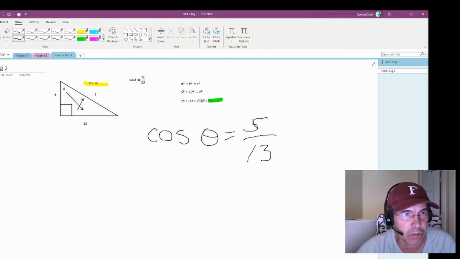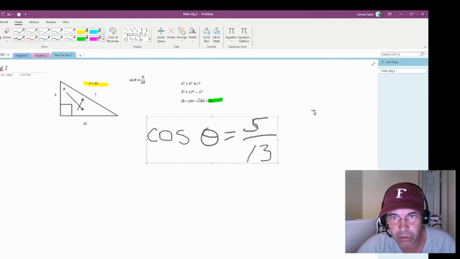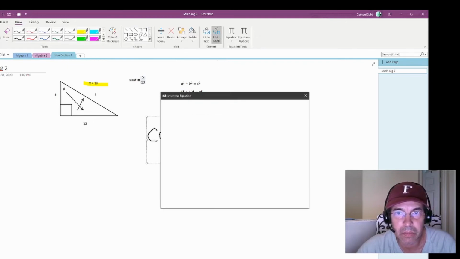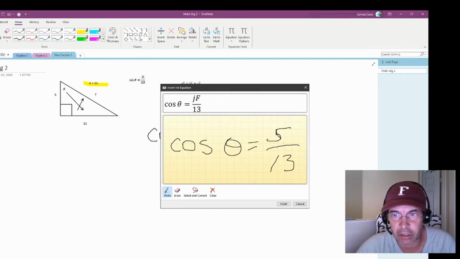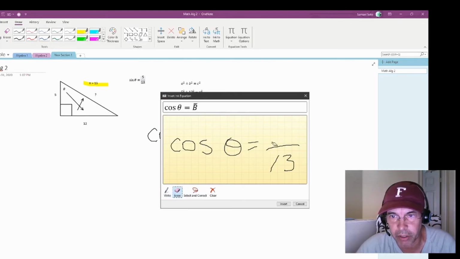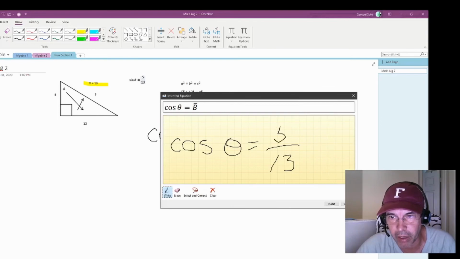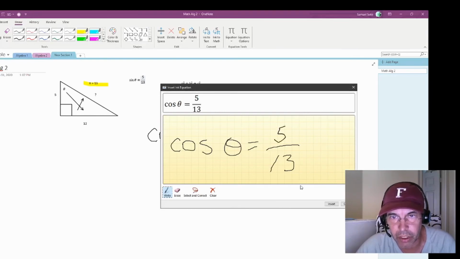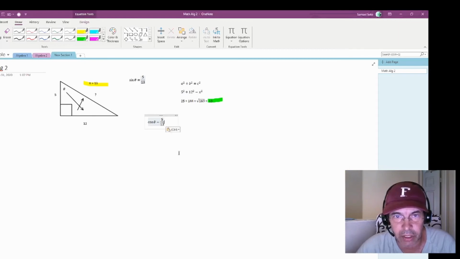And then we could use this lasso here to try to convert that to something like this. And of course, if it doesn't look good, you just erase this part and write a better number here, 5 over 13. Insert it, and there it is. And I found the cosine.